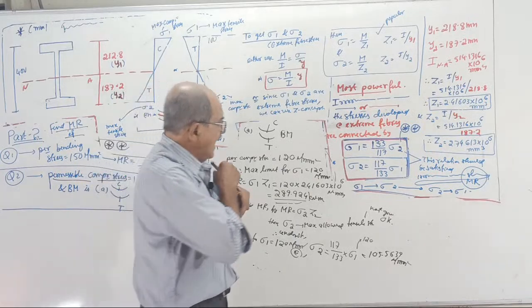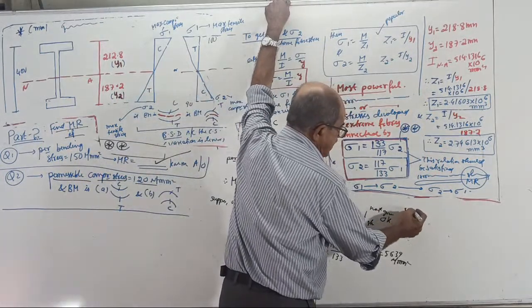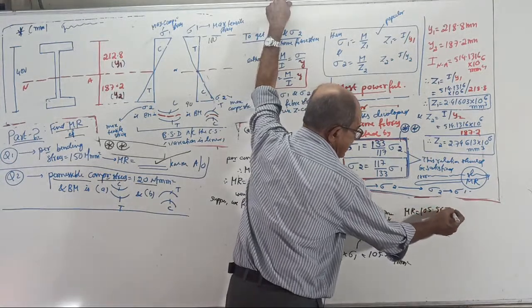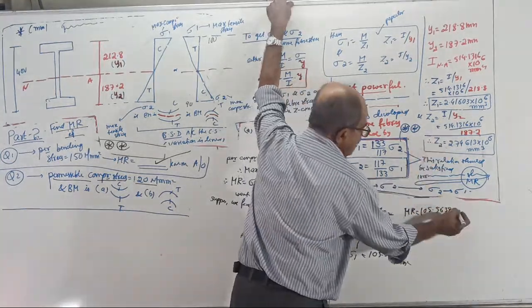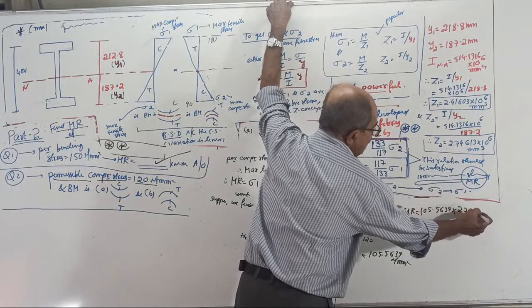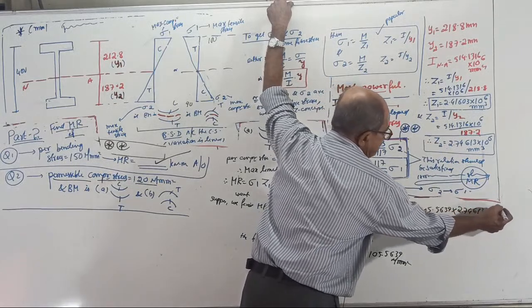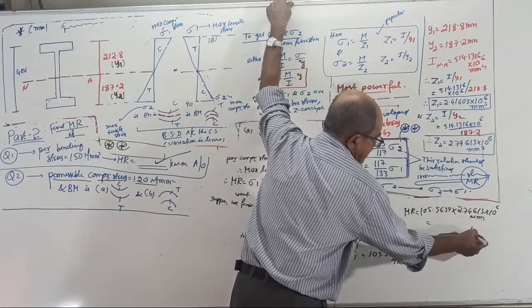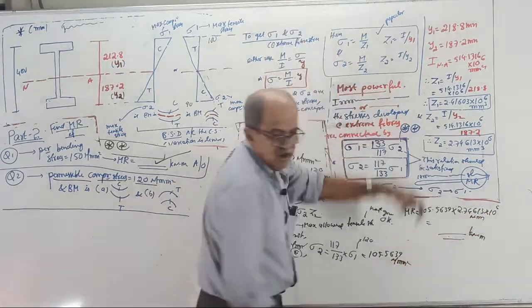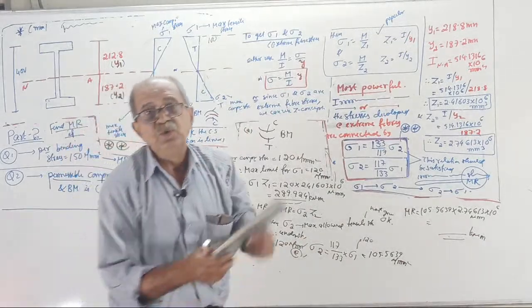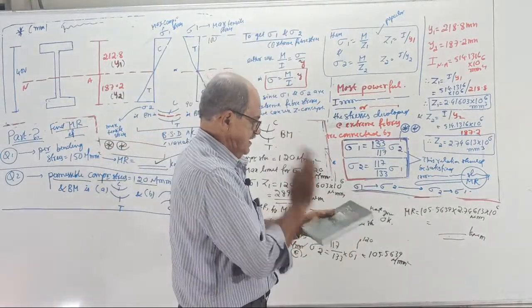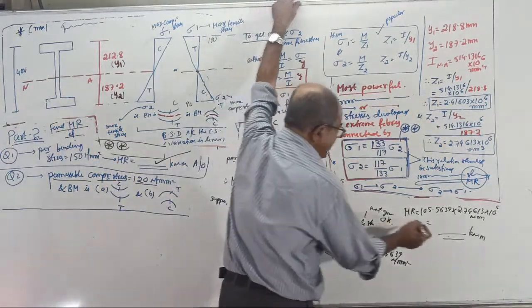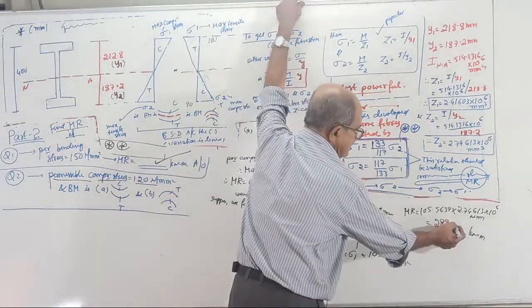Yes, okay. Therefore, MR equal to 105.5639 into Z2. Where is Z2? 2.74613 10 to the power 6. It comes in Newton millimeter. Calculate in kilonewton meter. Okay, I will calculate. Don't waste time. The answer is 289.924.